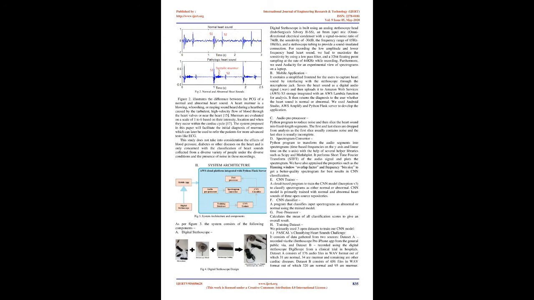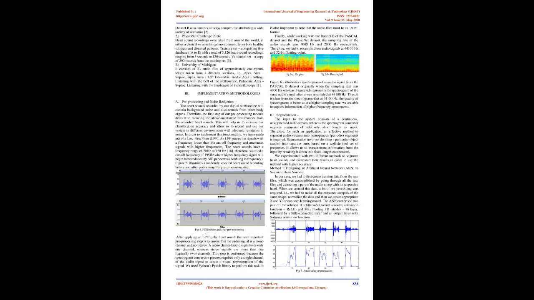H. Training dataset. We primarily used 3 open datasets to train our CNN model. 1. PASCAL Classifying Heart Sounds Challenge. It consists of data gathered from 2 sources, dataset A recorded via the iStethoscope Pro iPhone app from the general public, and dataset B recorded using the digital stethoscope DGscope from a clinical trial in hospitals.